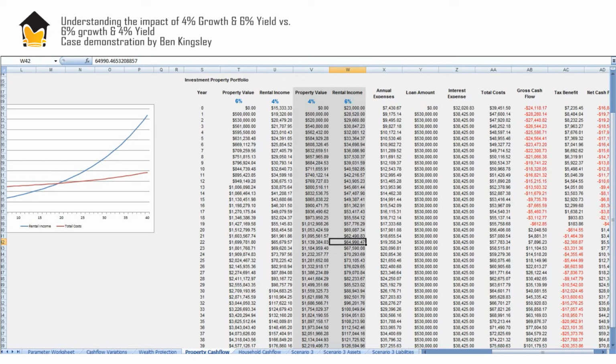And if you combine the overall two results, in year 25, we can see that's approximately 2.1 million compared to a valuation here of 1.3. You can see the power of growth properties over yield properties.